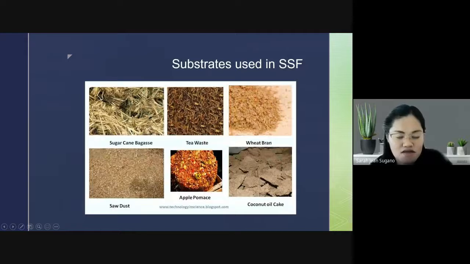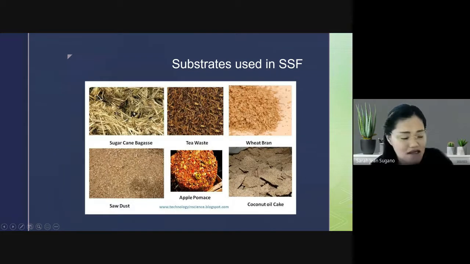these are the examples of the substrates used in solid state fermentation. Examples of these are sugarcane bagasse, tea waste, and most of them are byproducts from sugarcane processing and tea production, the wheat bran, the sawdust, of course, apple pomace, and coconut oil cake.